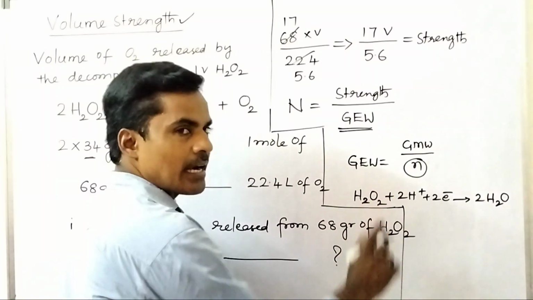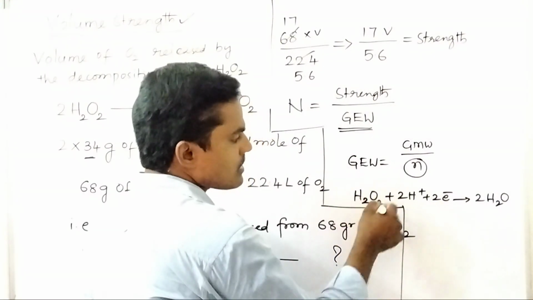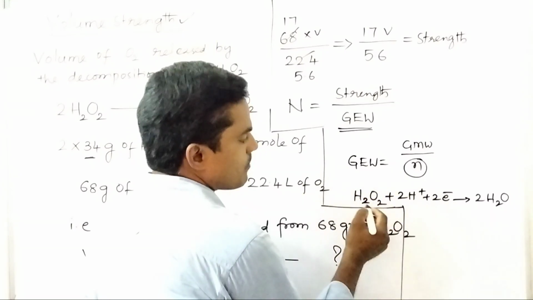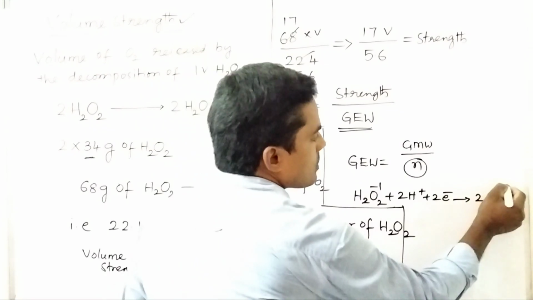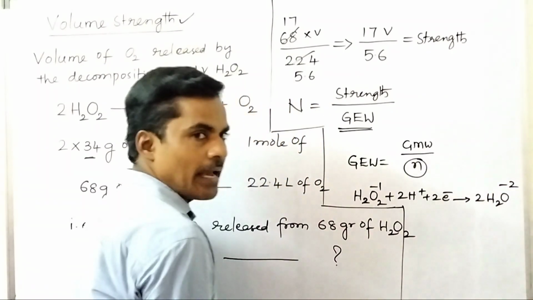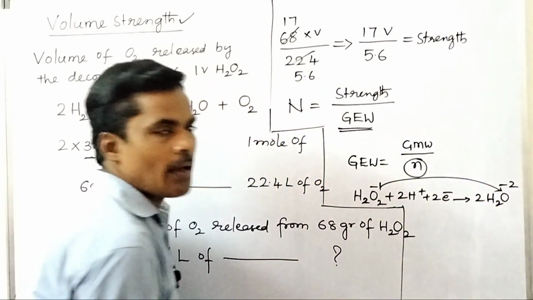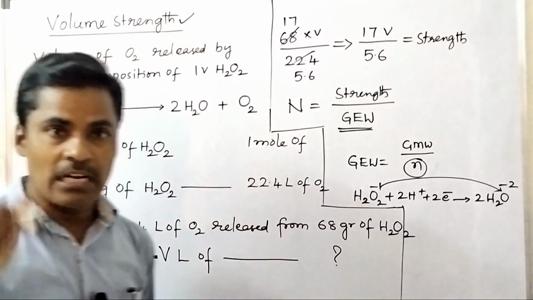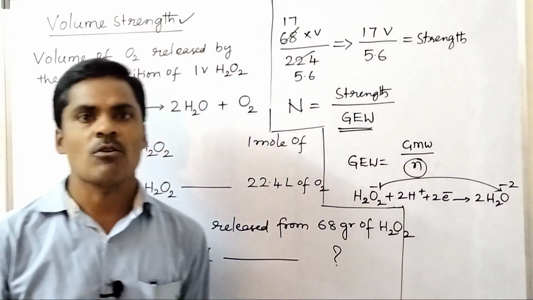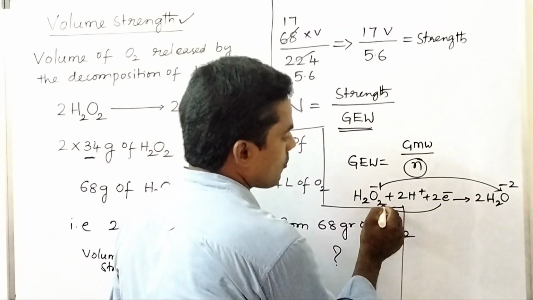Here it is a reduction reaction, because oxygen oxidation number is -1 in H2O2 and -2 in H2O. The oxidation number decreases, and a decrease in the oxidation number is called reduction.